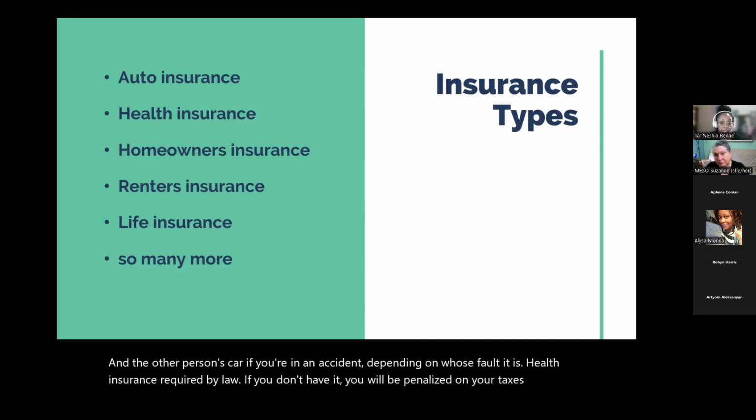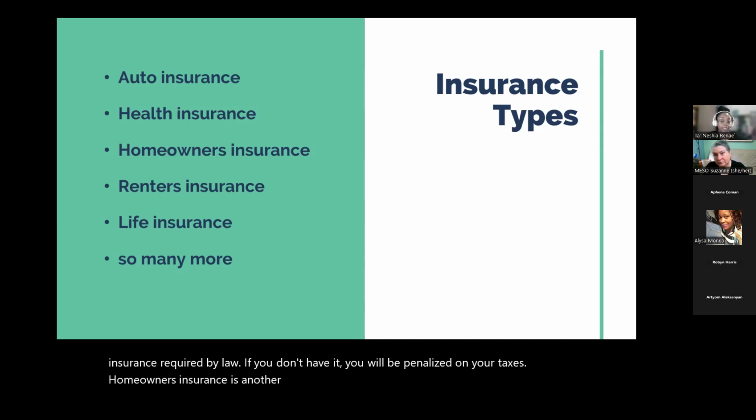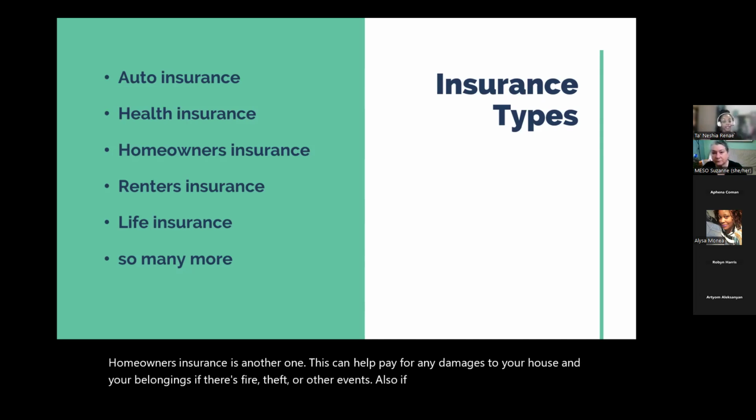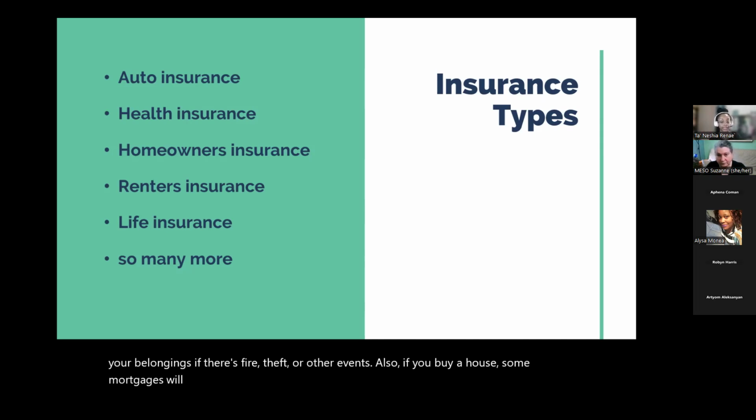Homeowners insurance is another one. This can help pay for any damages to your house and your belongings if there's fire, theft, or other events. Also, if you buy a house, some mortgages will require mortgage insurance, and that's until you've paid off, is it 20% of your loan, I believe?